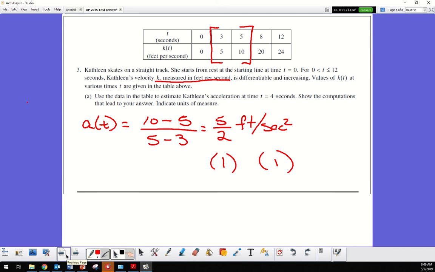Let me go back. There we go. So let me erase. So I'm going to have my 4 intervals: 0 to 3, 3 to 5, 5 to 8, and 8 to 12.